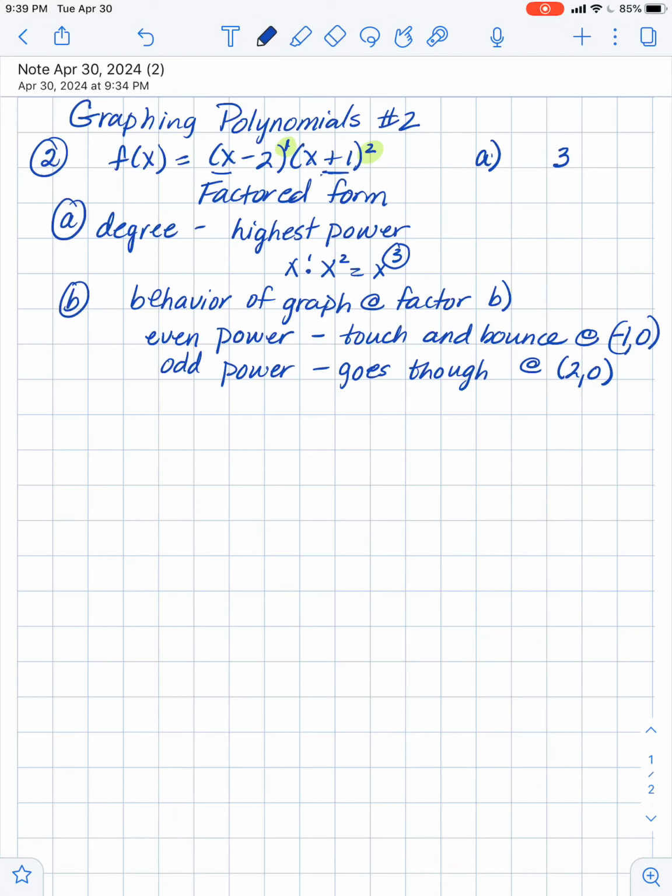Okay? C. This one says the end behaviors. And I even started it off for you. And so when you're looking at this, it is a cubic.